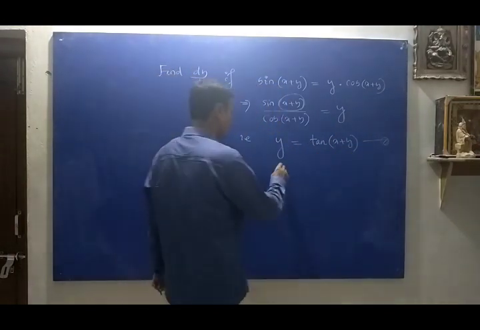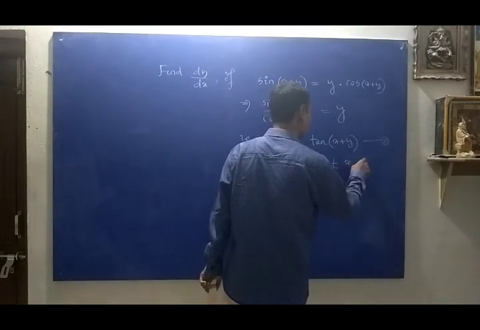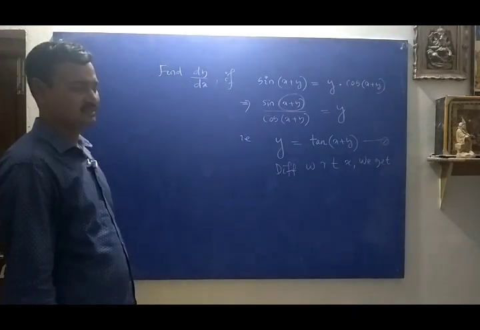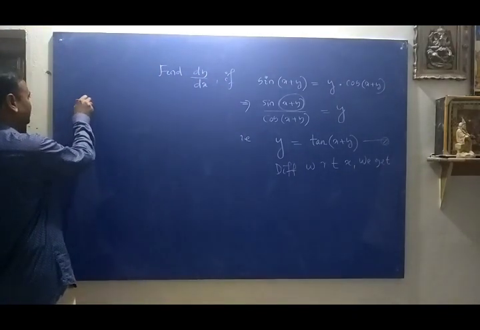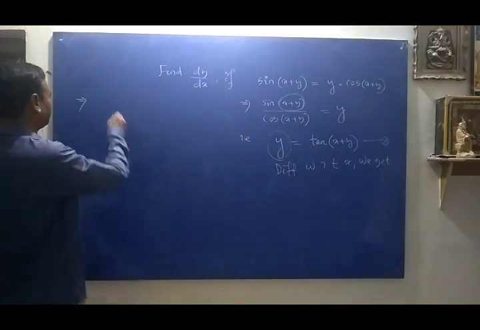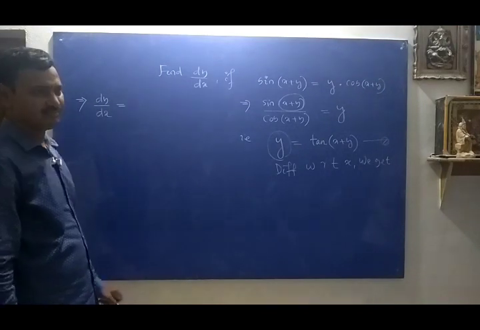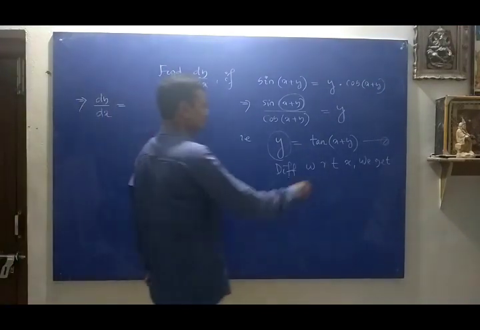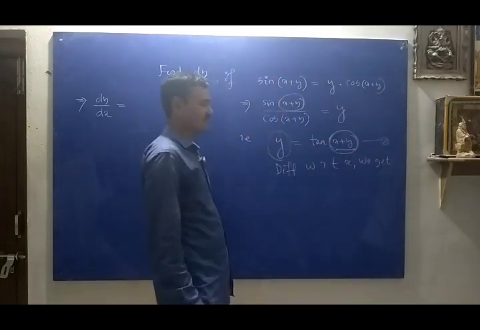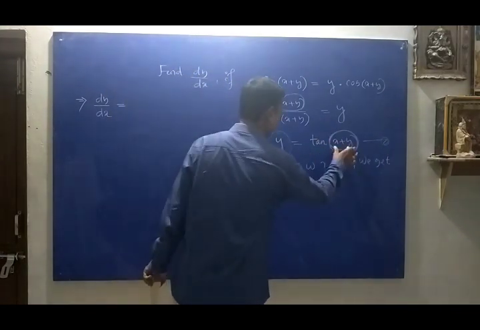So differentiate with respect to x. The derivative of y with respect to x is denoted by dy by dx, and it is equal to the derivative of tan of x plus y.